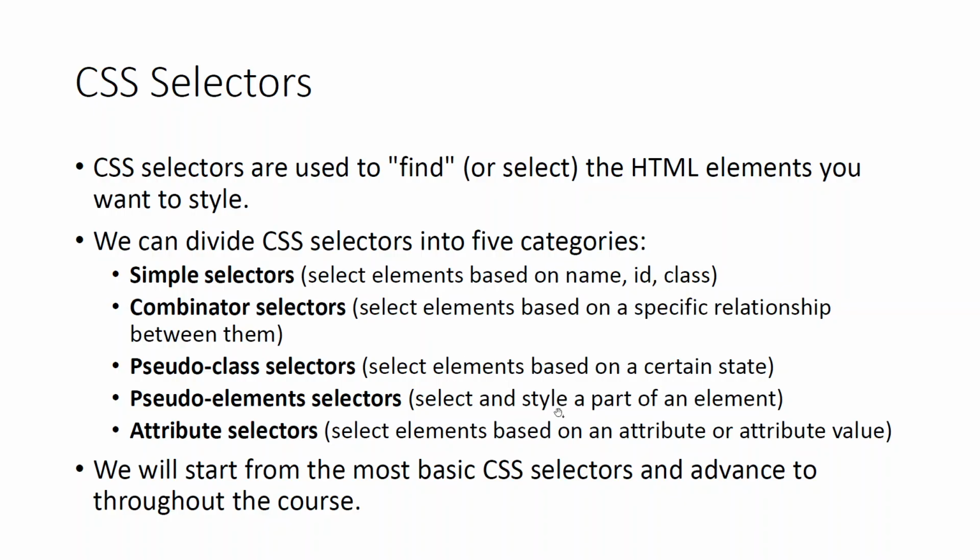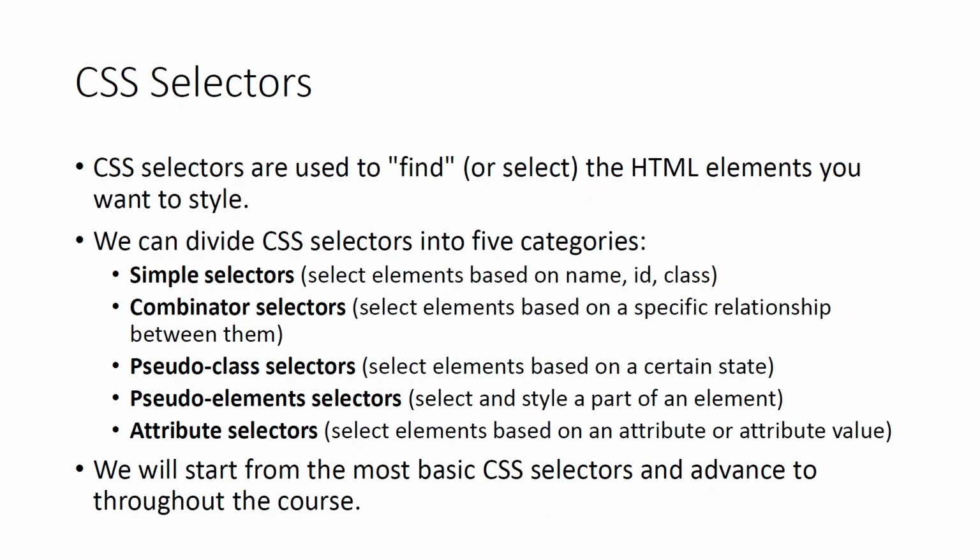Then the pseudo element selectors are also going to help us whenever we want to add the style to a section of the elements that we have. Then for the attribute selectors, as you're going to see later on, this time round we want to add the style to that particular element, but we want this style to be added to that specific element if it has this attribute or this kind of value as its attribute. So if its attribute has this kind of value, then we're going to add that particular style.